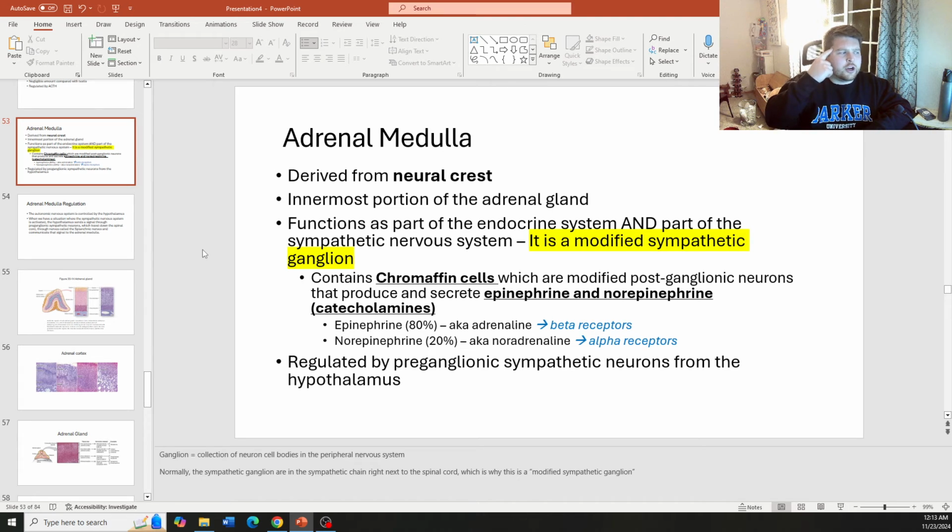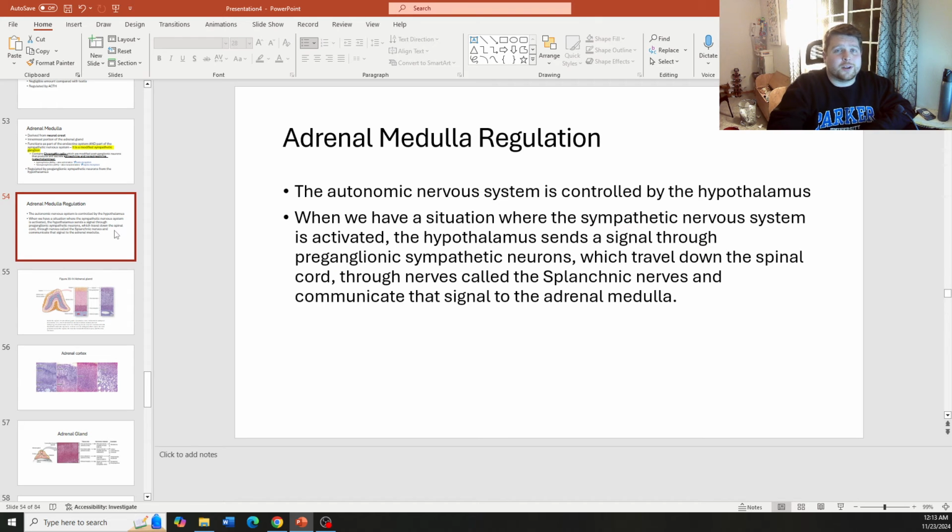Think, where do nerves enter? The nerve enters into the adrenal gland and it synapses inside of the medulla. That to me is just really, really cool, that we have that vast connection. You can just see how interconnected the entire nervous system is.